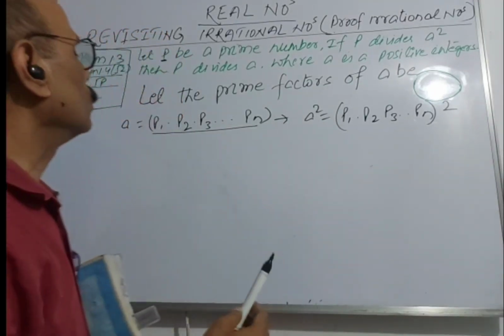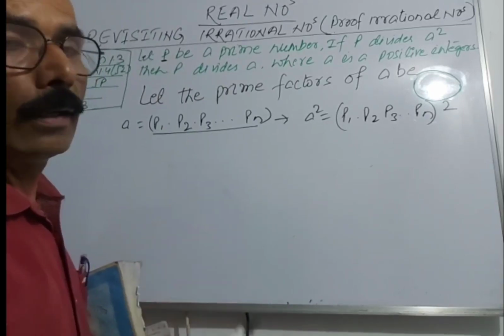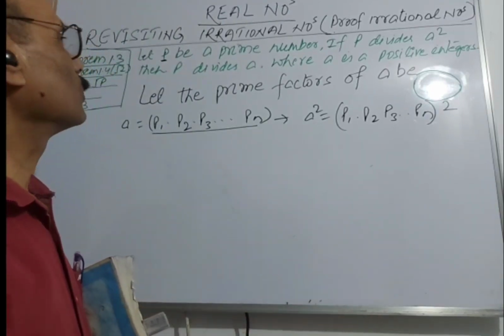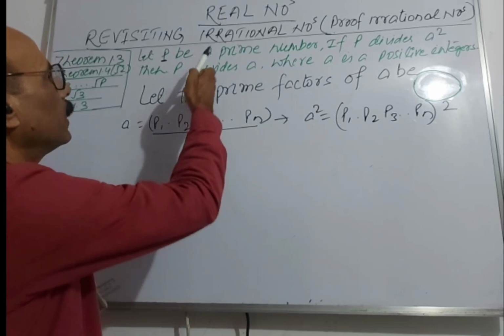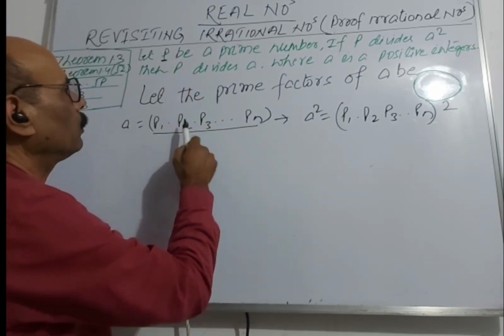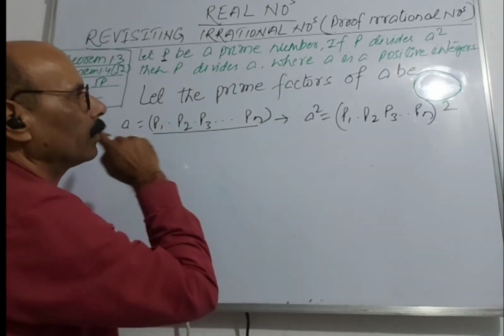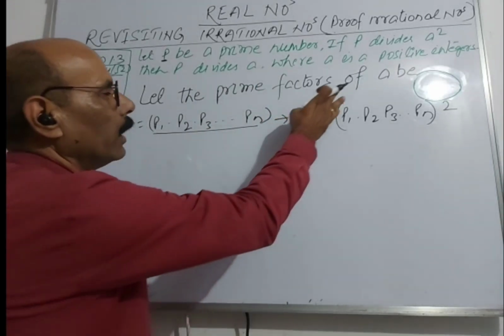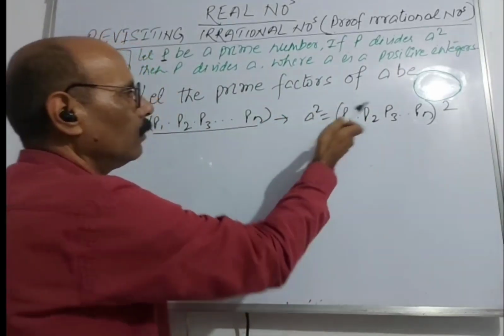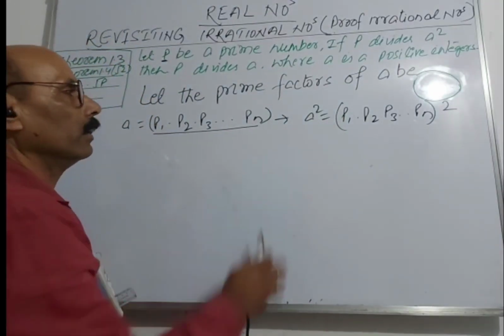I should speak in Hindi also. Sorry. Okay, what is it here? Let p be a prime number. If p divides a square, that is, यदि p a square को divide करता है, then p will also divide a.